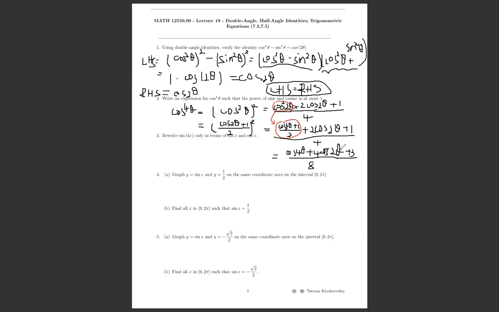Now everything has power at most 1. Instead of the 4th power right here. Does that make sense, everyone? So basically here you use the power reducing identities twice.